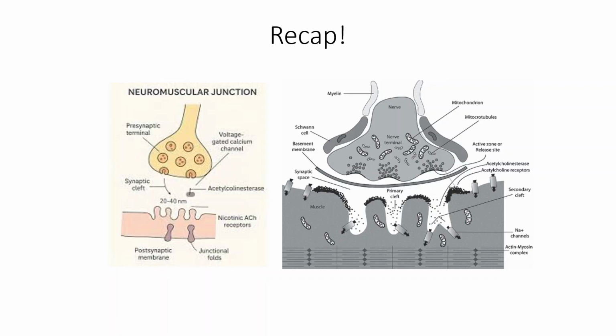So at the neuromuscular junction, you have a synapse between the neuron and the muscle cell or the muscle tissue, and you have your presynaptic terminal containing your vesicles full of neurohormones or neuroenzymes like acetylcholine, and then you have the ACH receptors on the other side on the postsynaptic membrane that allow for ACH to bind and pass through information, right? So this is the neuromuscular junction. This is it in slightly more detail, right?